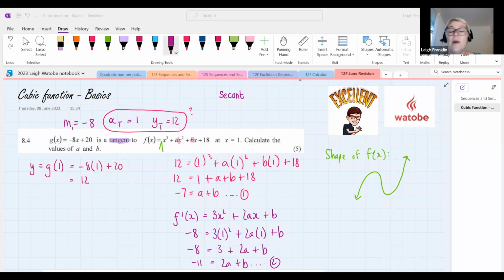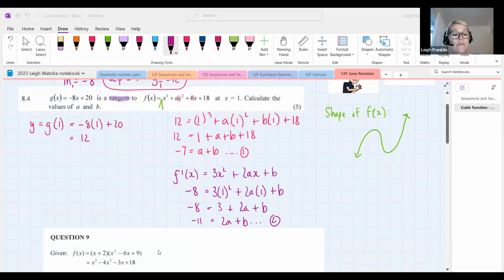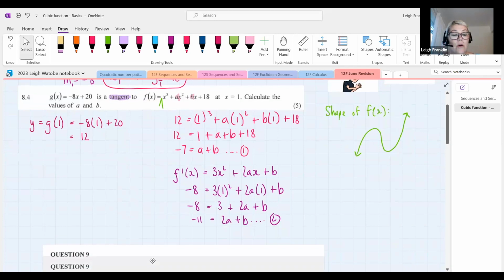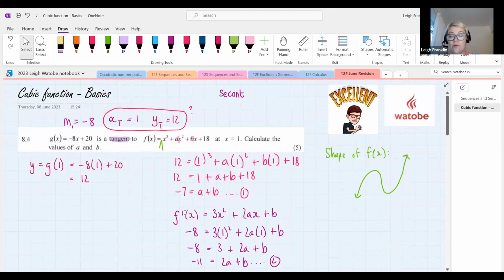Before I go ahead and solve these, or actually I'm going to let you solve them, I just want to see if there are any questions. Are there any questions on what we've done so far? Does everybody know why I have made the second equation equal to -8 and subbed in 1?